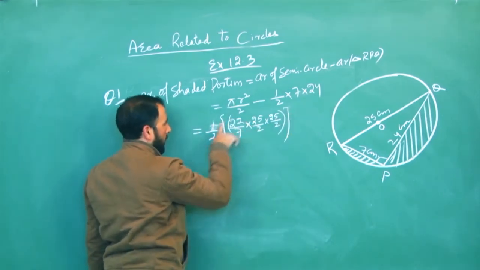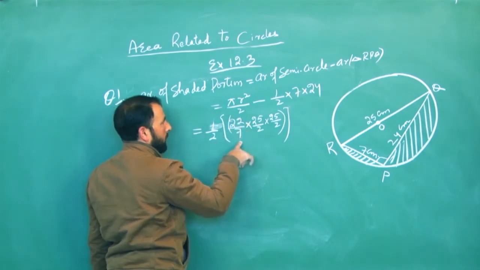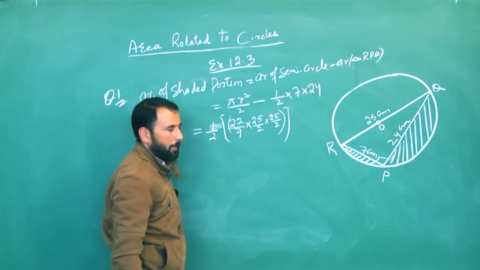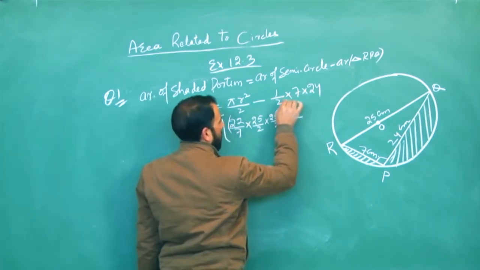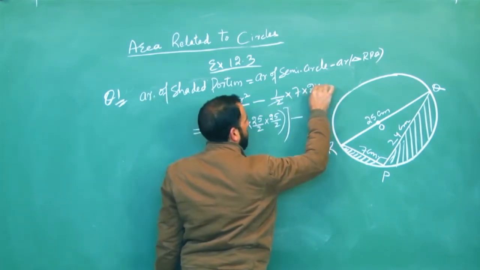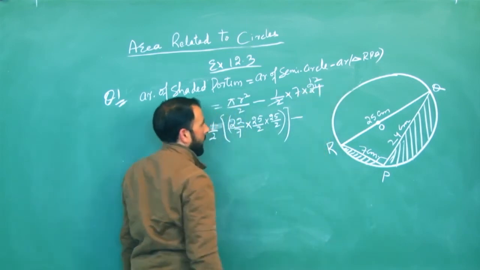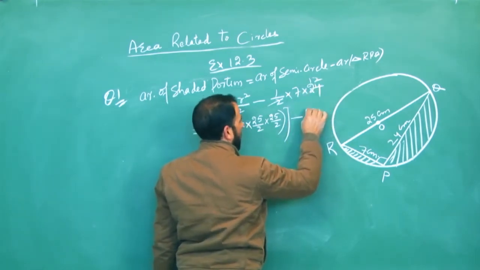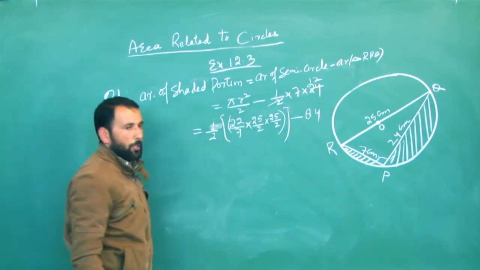So pi times 1 divided by 2 is here, pi is 22 by 7, into r square, 25 by 2 into 25 divided by 2, minus, we can cancel here. 2 ones are 2, 2 sixes are 12. That means 7 into 12 is 84.